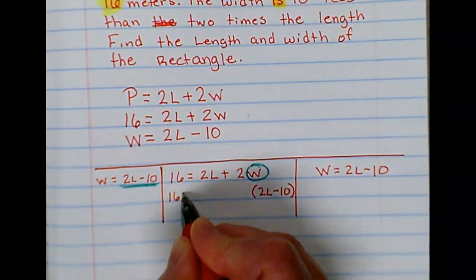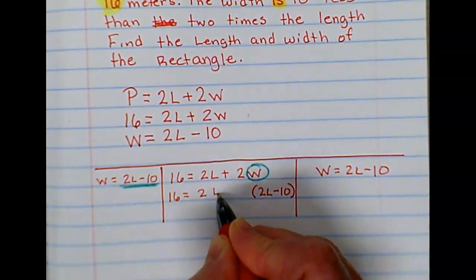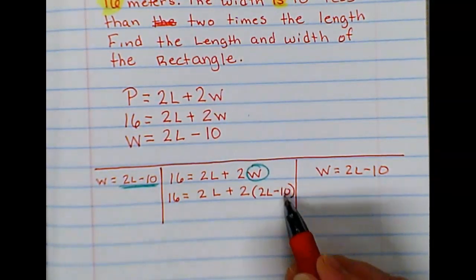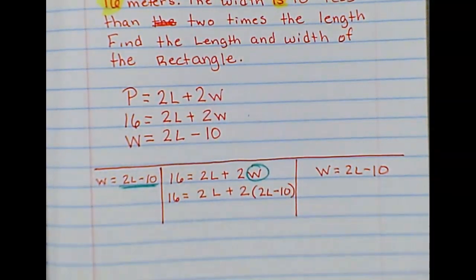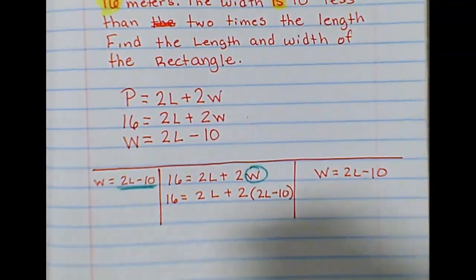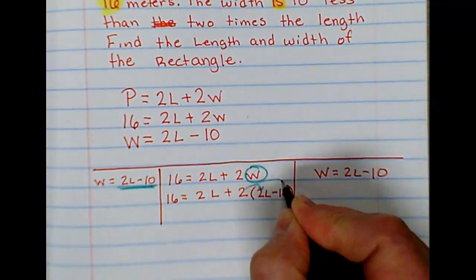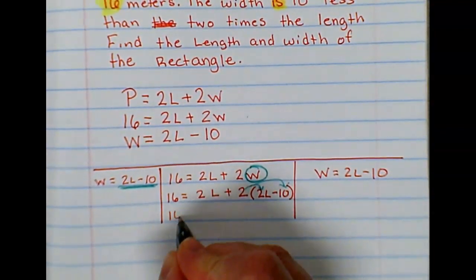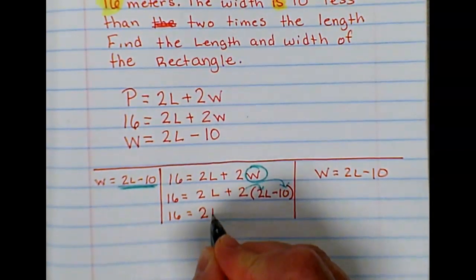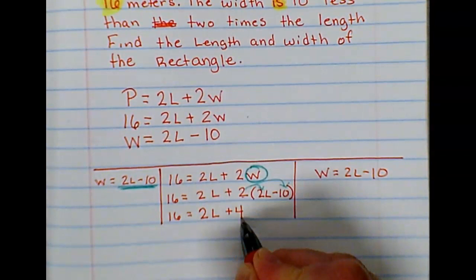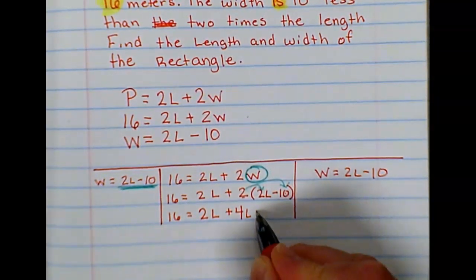So I have 16 equals 2L plus 2, and this part was equal to the W. What do you do if you have a number in front of a parentheses? So 16 equals 2L plus 2 times 2 makes, and 2 times 10 makes.